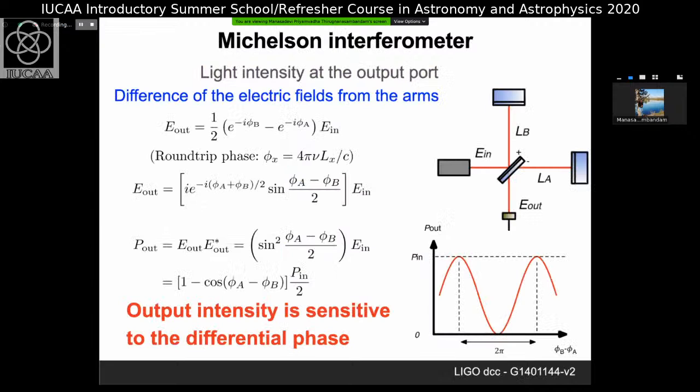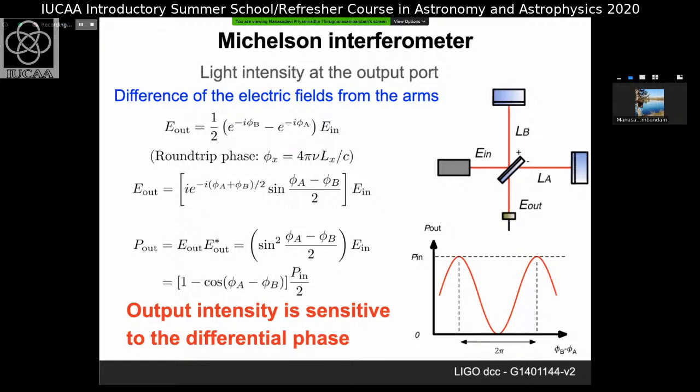If you look at the light intensity at the output port, you can call it the difference in the electric fields of the arms, and your E_out comes down to the expression that you see here. Now the output intensity, if you take the modulus of this squared, will give you a differential phase.